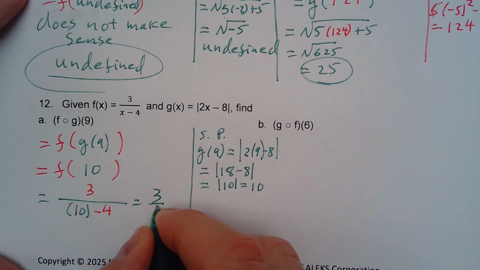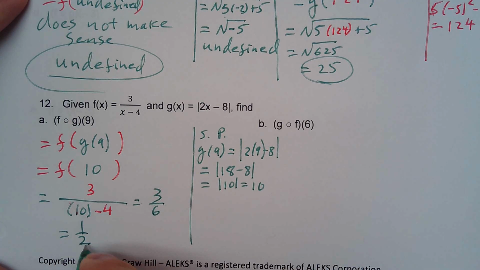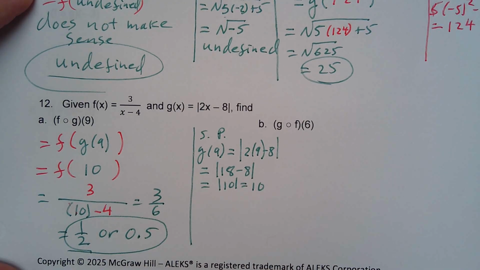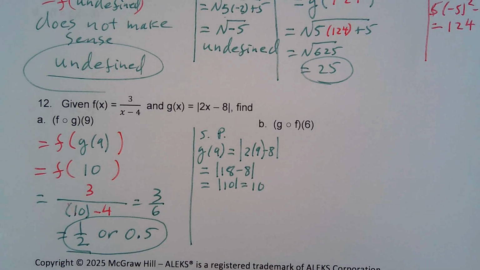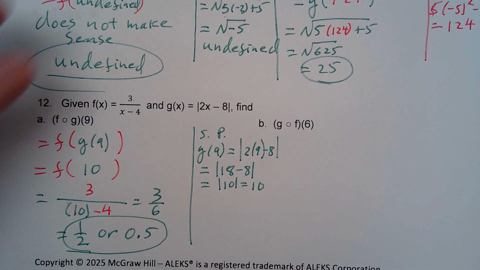That's 3 over 6. That reduces to 1/2. Or for your fans of decimals, that'd be 0.5. Just when you're doing this in ALEKS, make sure you check to see which form they want. Do they want the decimal or the fraction? This should be in the directions.